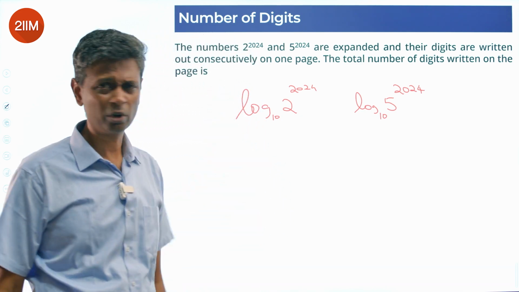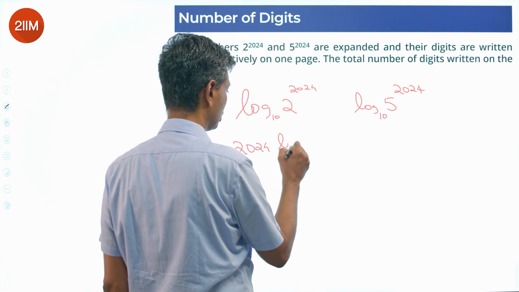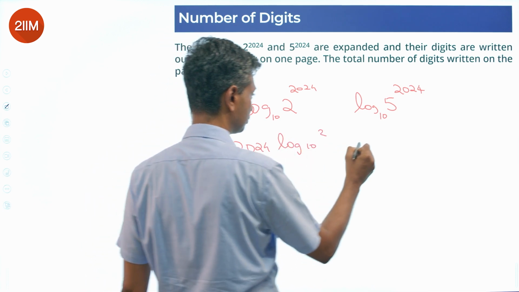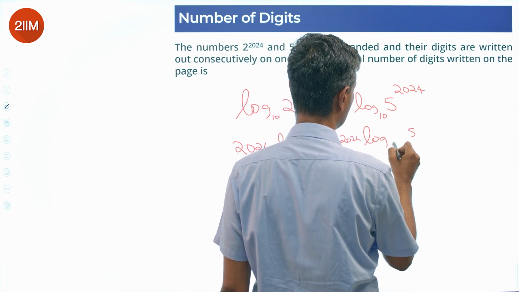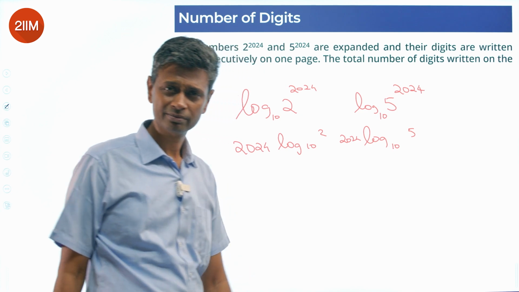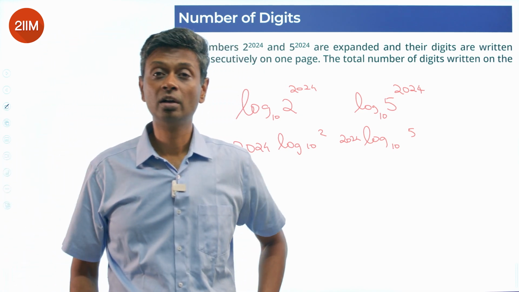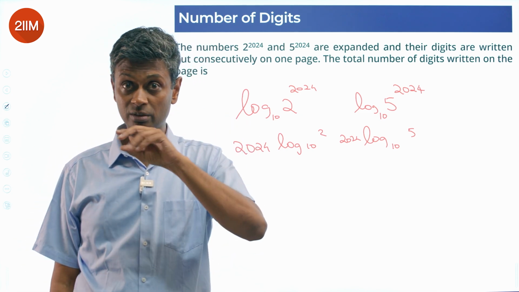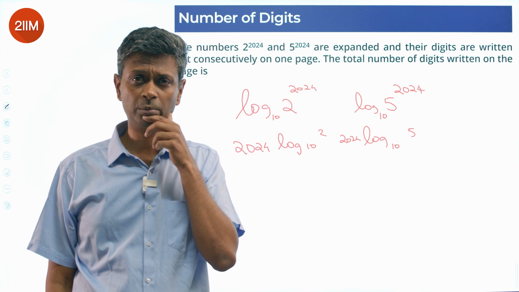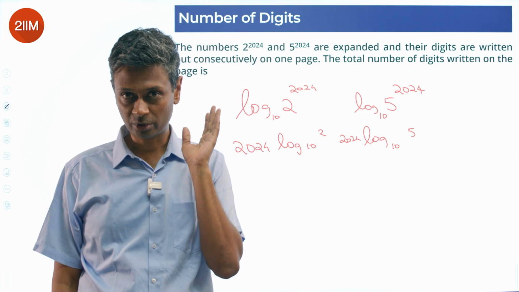So there is something very juicy sitting inside this. Well, I don't know log 2. So this is 2024 times log 2 to the base 10. This is 2024 times log 5 to the base 10. Nice. So suppose log of a number is 1.6, the number lies between 10 and 100, a 2-digit number. Log of a number is 2.2, the number sits between 100 and 1000, a 3-digit number.